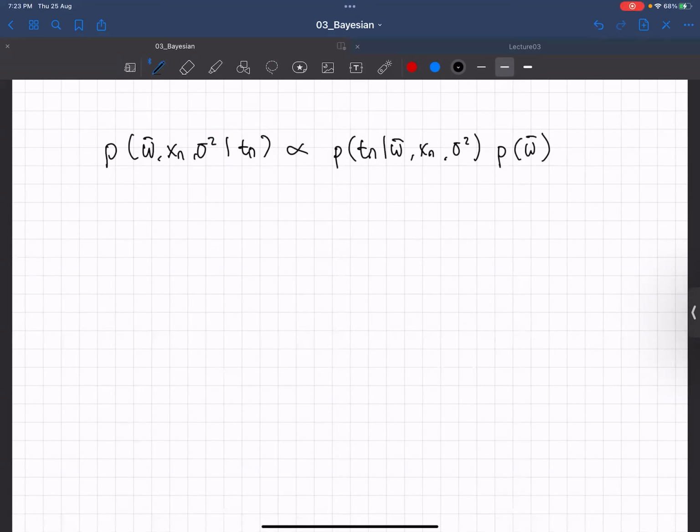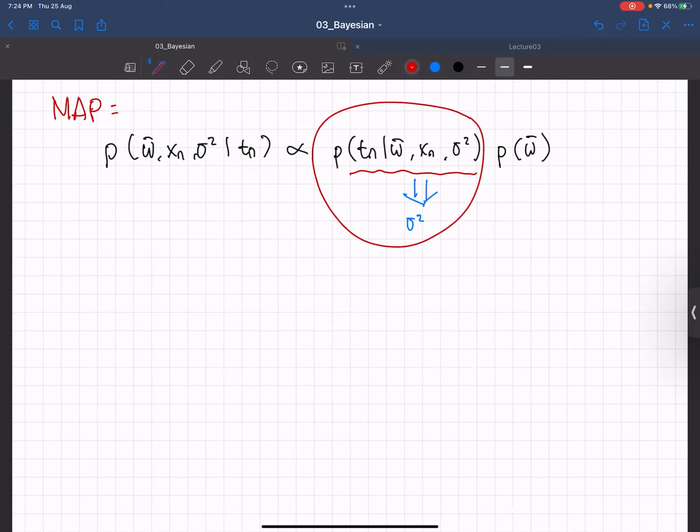Now, in MAP, this term gives you sigma square, and the sigma square is only for this term. There is no sigma square for the prior. The prior is independent from your sigma square. Even though you know sigma square, you cannot know the probability of this posterior.